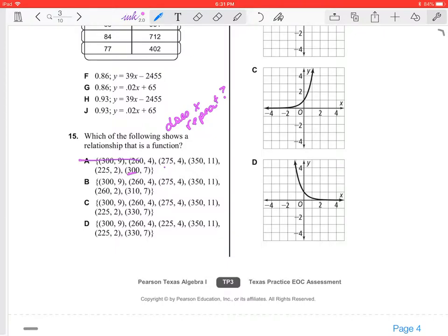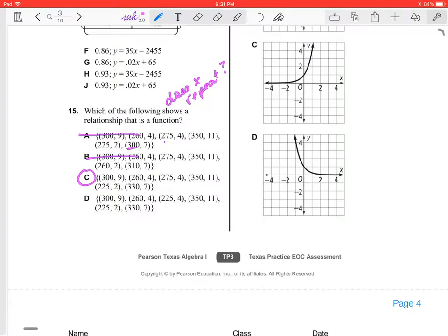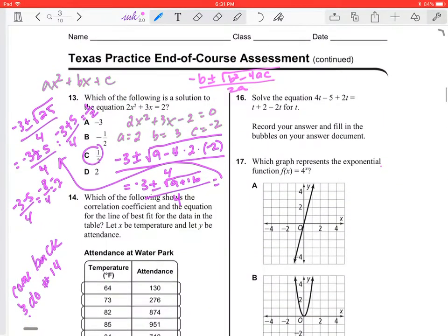X repeats on that one. The next one, 300, 260, 225, 350, 225, repeats there and there. This one repeated 260 and 260, and this one was 300, 300, 225, 225. That looks like it might be a winner, so our answer is C.